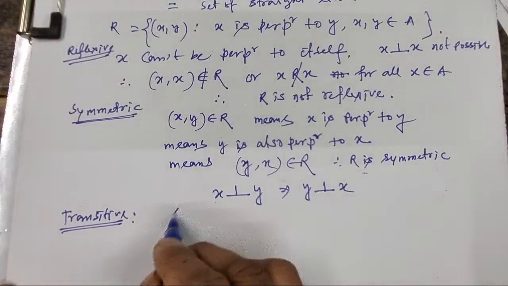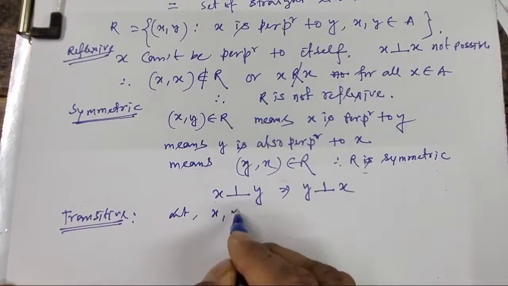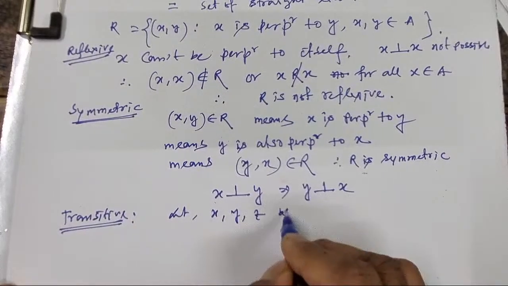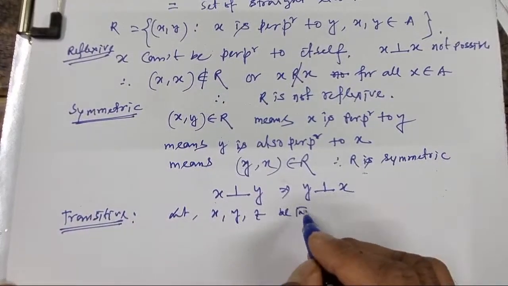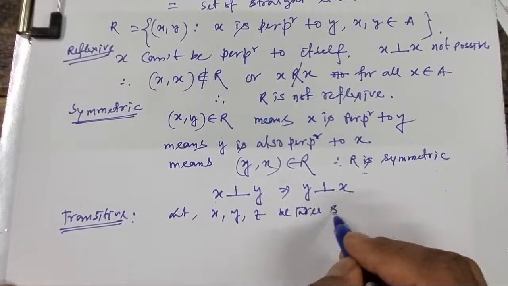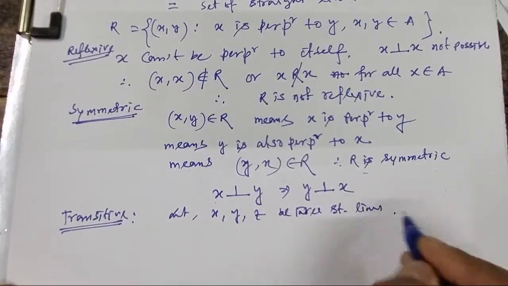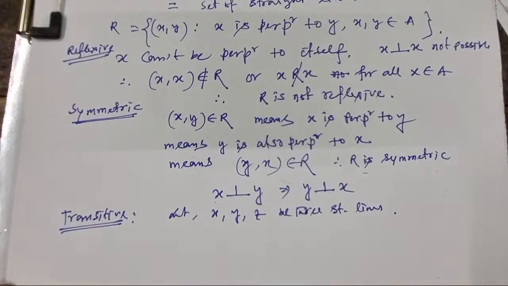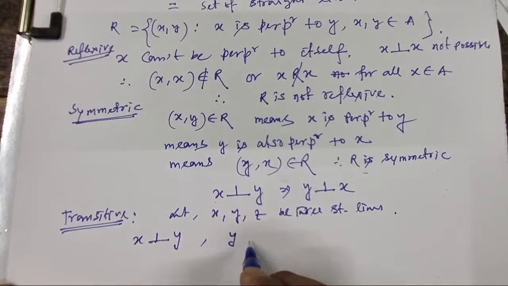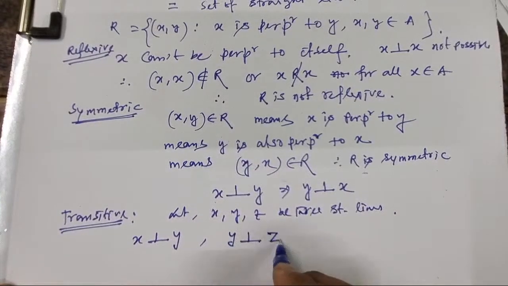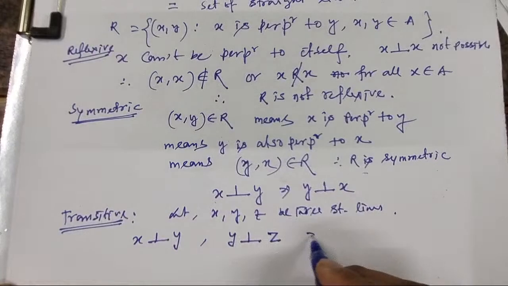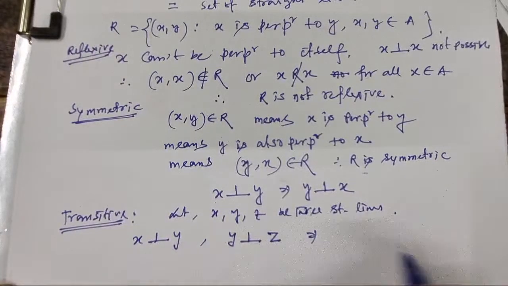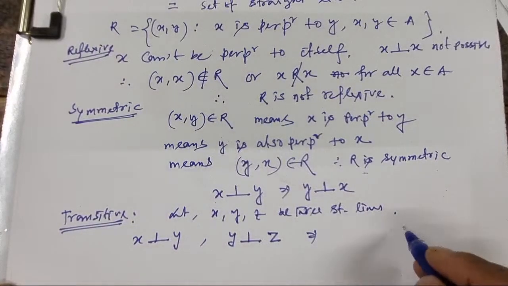Look, let x, y, z be 3 straight lines. If x, y, z be 3 straight lines and x is perpendicular to y, y is perpendicular to z, implies, just take this picture like that.